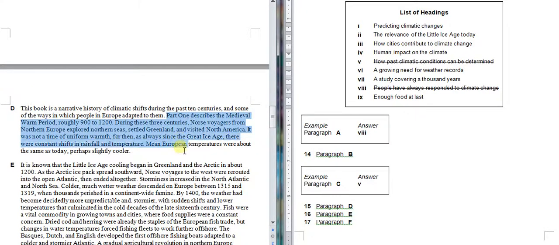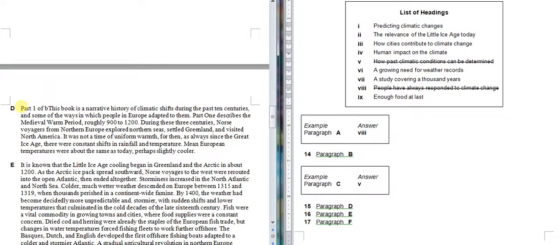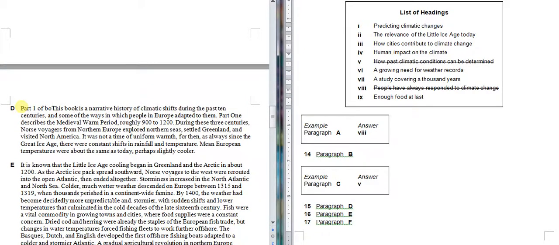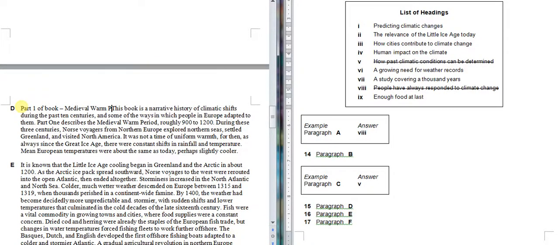It's like most of this is about part 1, right? Describing the medieval warm period. Because even though our first sentence is about a book, I think the main thrust of the paragraph is about part 1 of the book, medieval warm period.